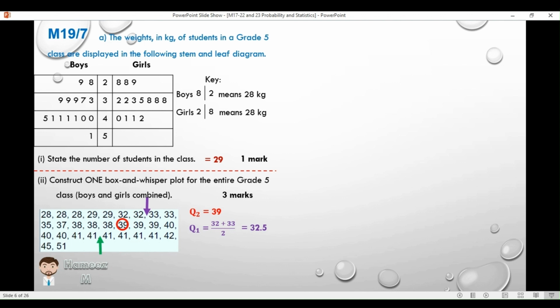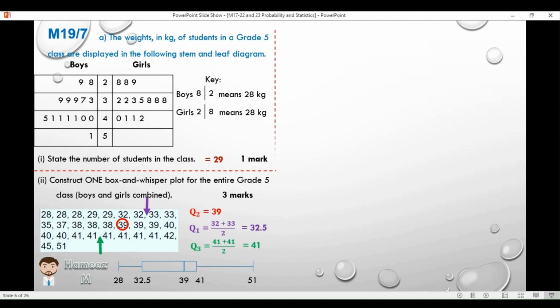And this is quite obvious what the Q3 value is, but let's show the working. So Q3 will be between 41 and 41, and you find the average of that, and that will give us 41. So we know the minimum weight, we know Q1, Q2, Q3, and we know the maximum weight. So we can now construct our box and whisker plot.